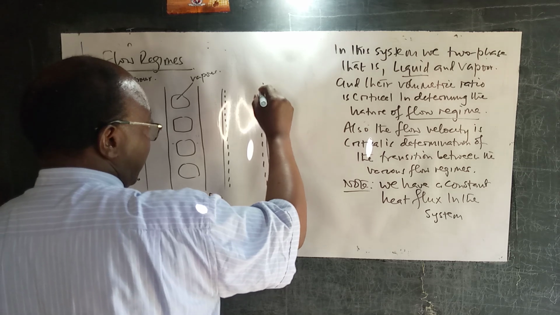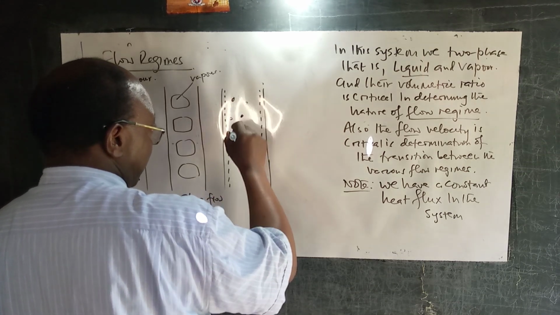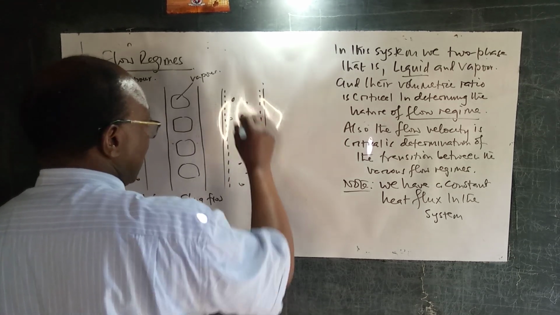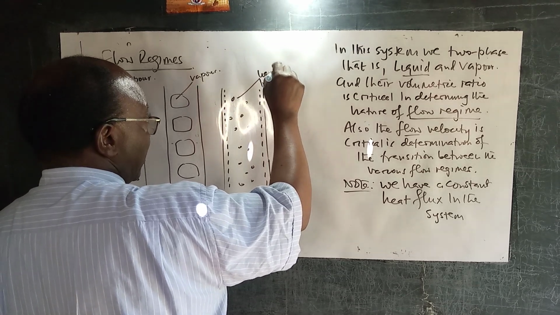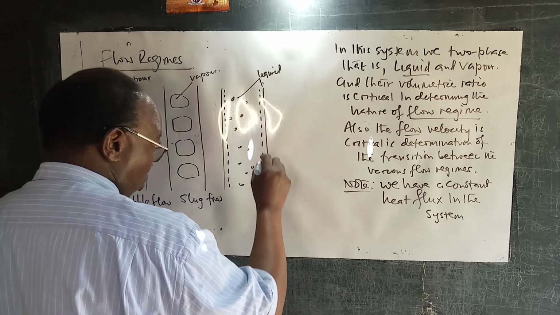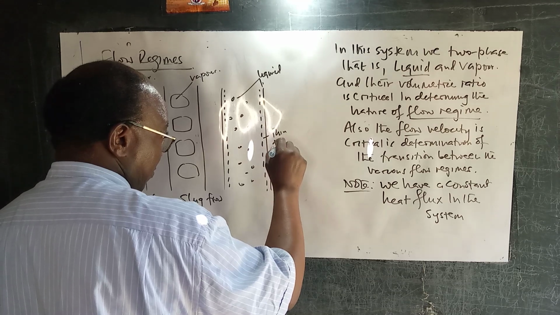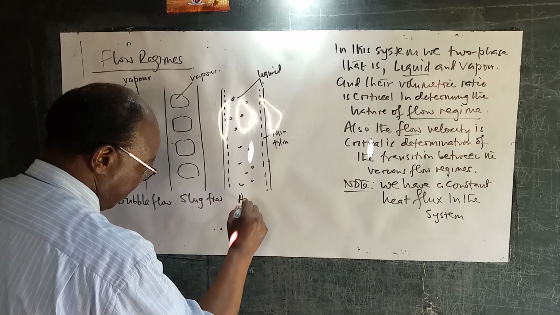So this is liquid, and this is a thin film of liquid at the wall. So let's just call it thin film of liquid at the wall. This is the annular flow.